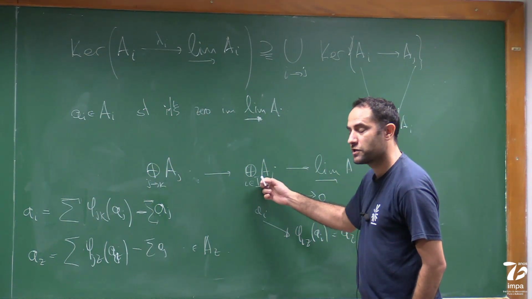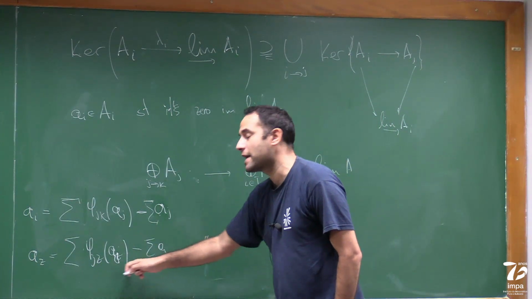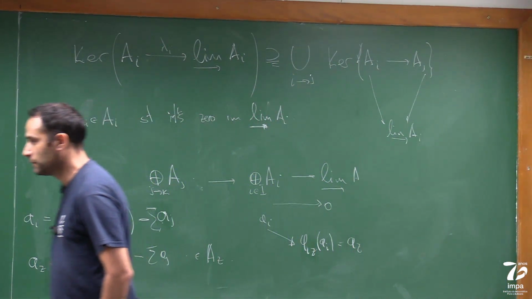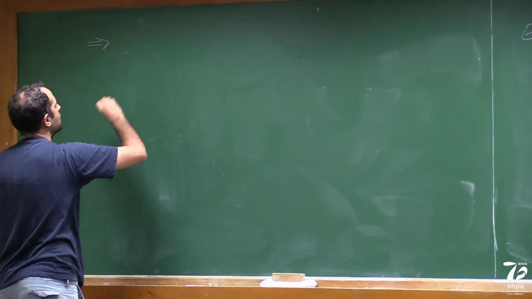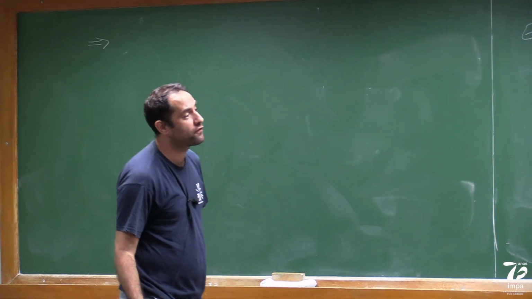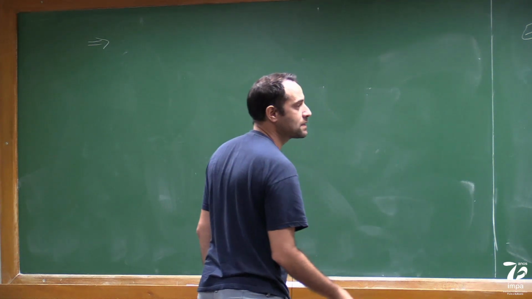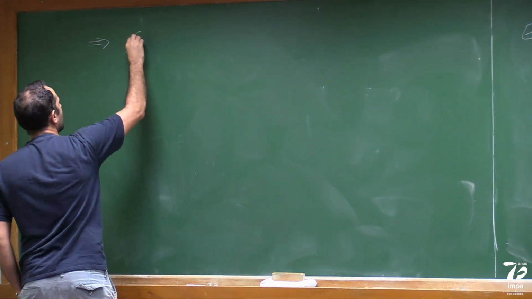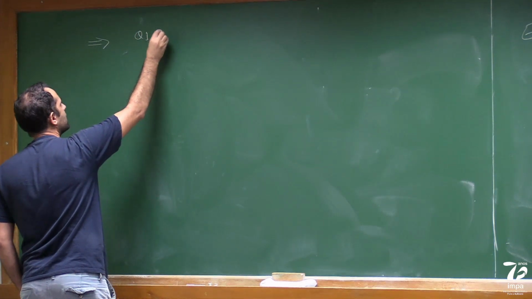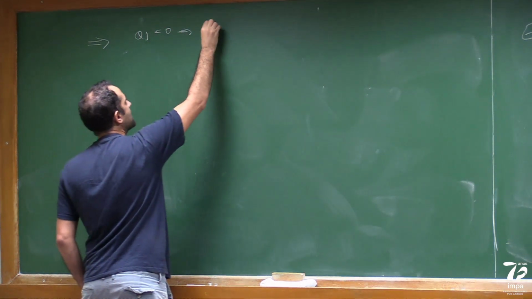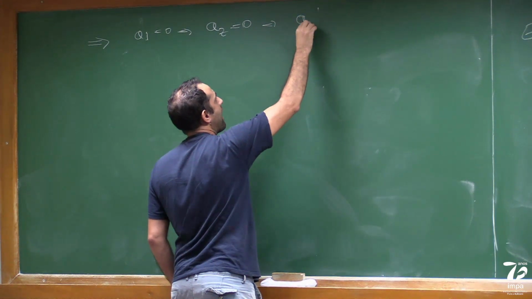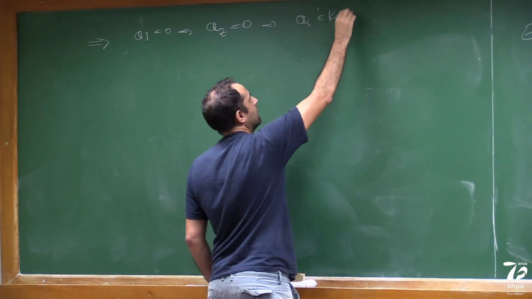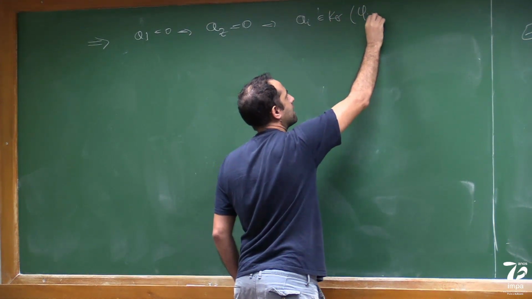Since these guys are injections, this proves that each one of these a_j's has to be 0. So that meant that this a_i was in the kernel already. This proves that each one of the a_j's is 0. This proves that a_z is 0. And therefore, this proves that a_i was in the kernel of this phi_iz.